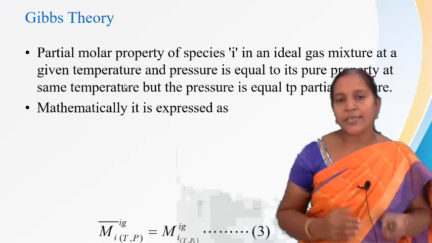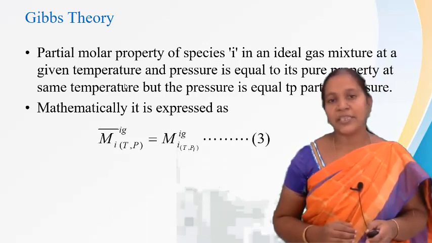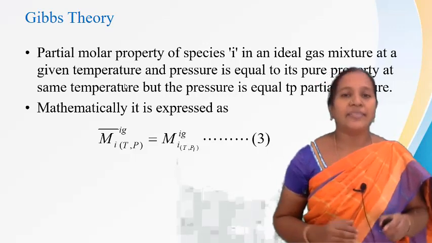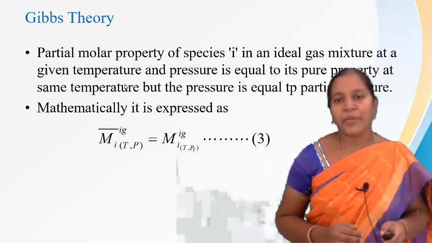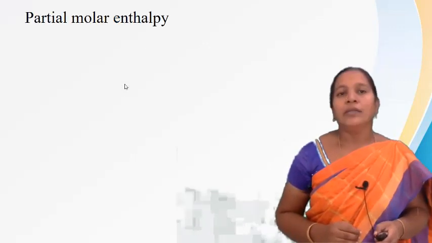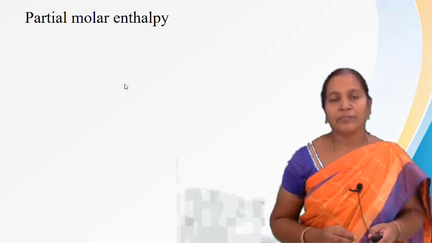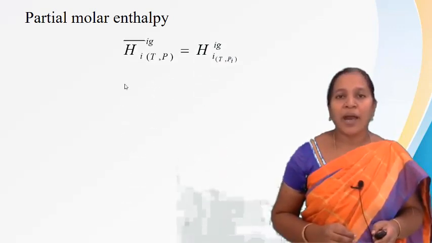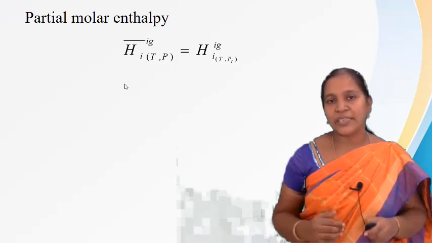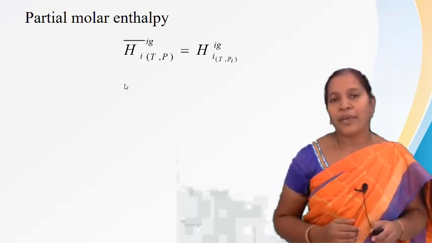Mathematically, it is expressed as Mi bar ig at T comma P is equals to Mi ig at T comma Pi. We note this equation with 3. Now coming to partial molar enthalpy. Hi bar ig at T comma P is equals to Hi ig at T comma Pi.